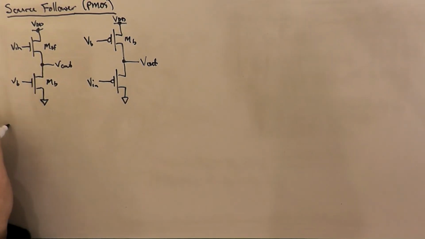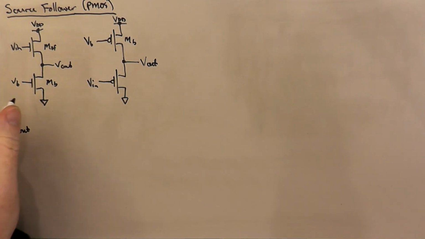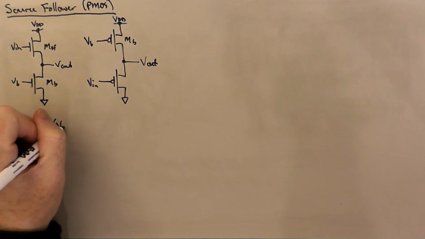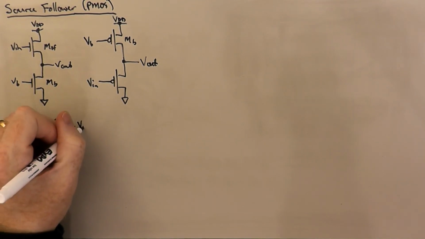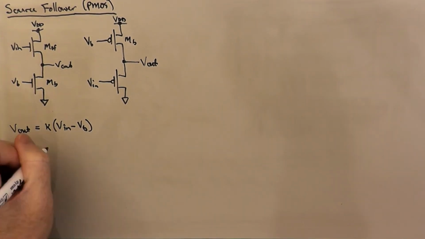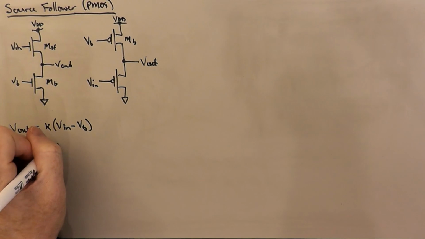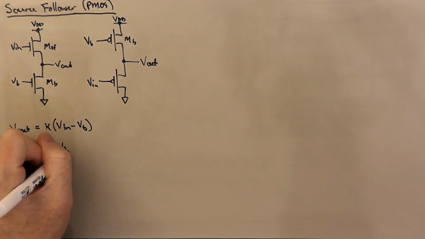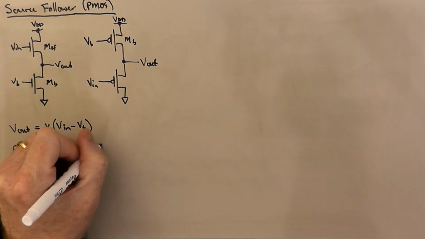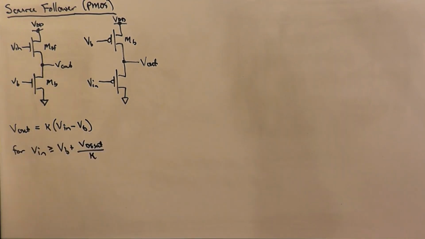And so we said that Vout was equal to kappa times Vn minus VB, sorry, for Vn greater than or equal to Vb plus VDS sat over kappa. So for the NMOS version of the circuit, that was true.